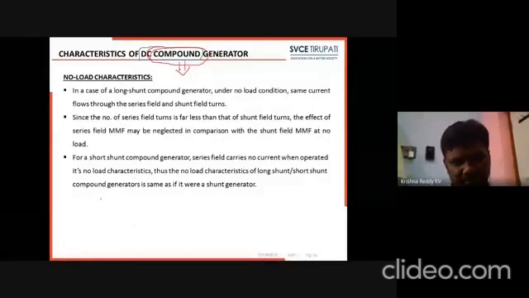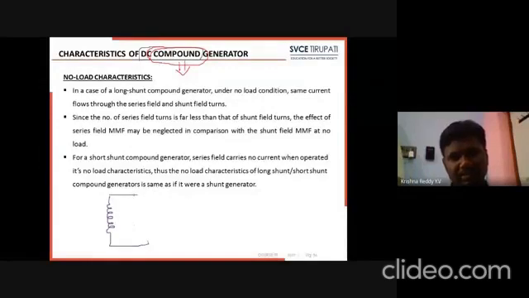In a long shunt compound generator, the shunt field winding is connected in parallel with the series winding and armature winding. Do you remember? Long shunt compound generator. After that, we connect the electrical load.